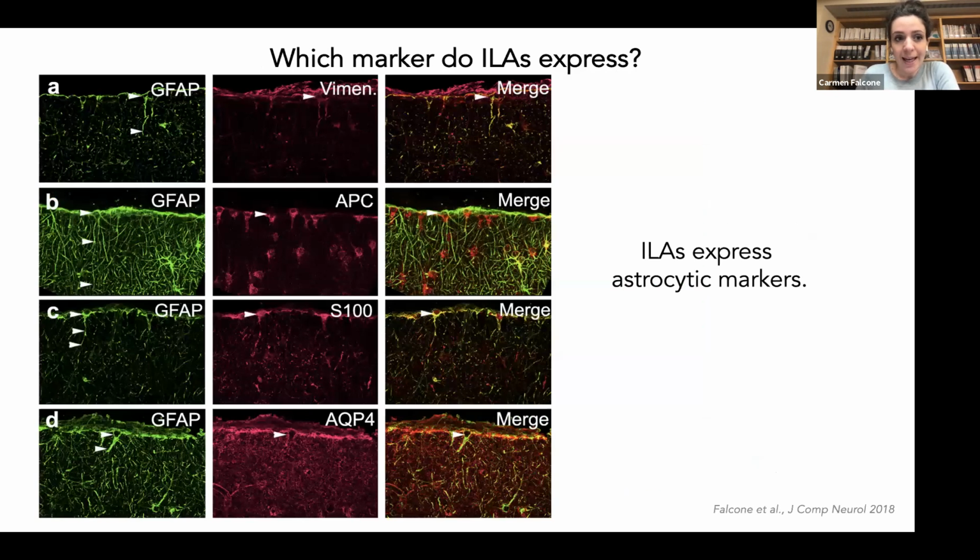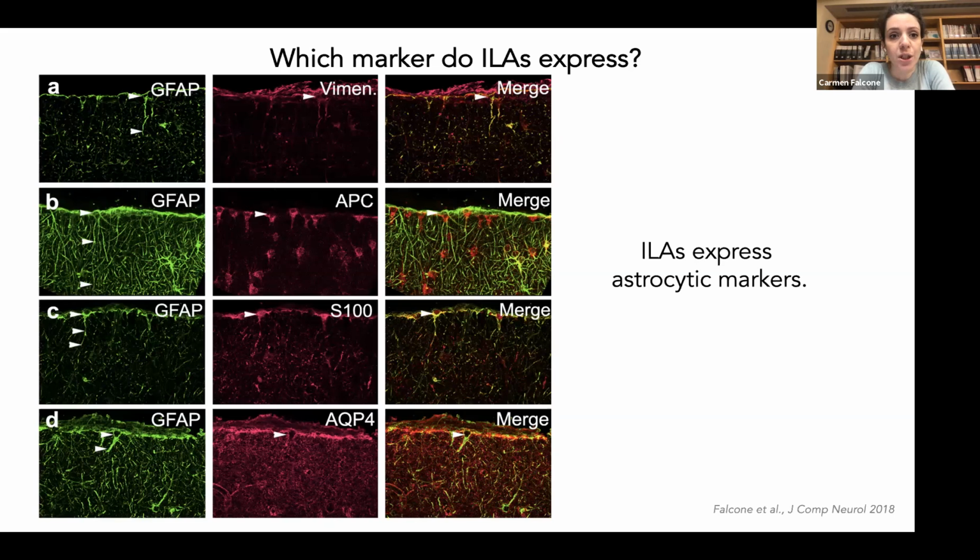At the beginning of my postdoc, this was the very first thing that I did, more than 3 years ago. We really wanted to know: are these astrocytes really astrocytes, or are they another type of cell, because they have this very weird morphology?